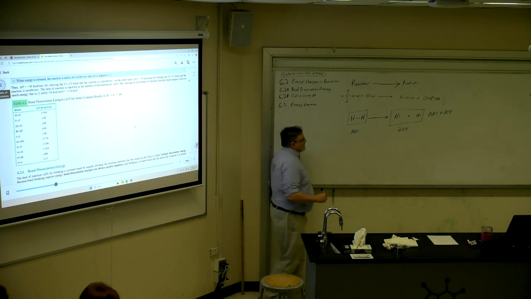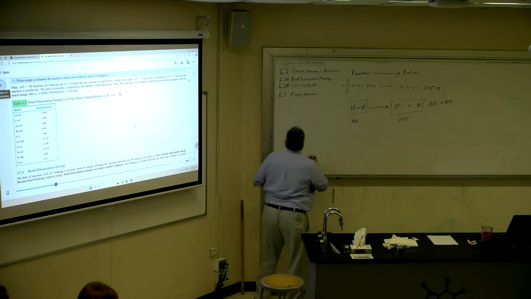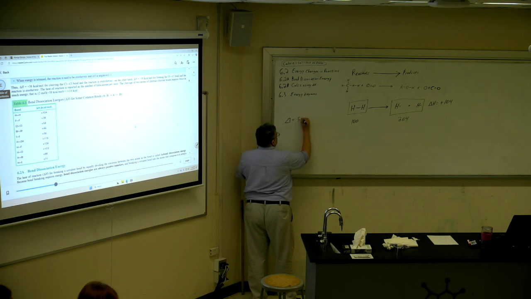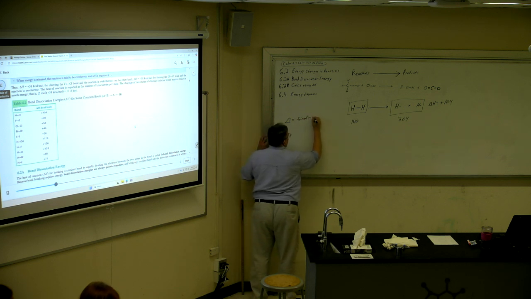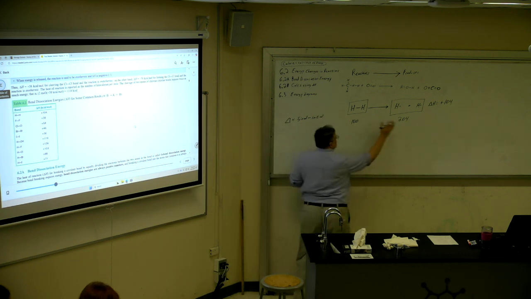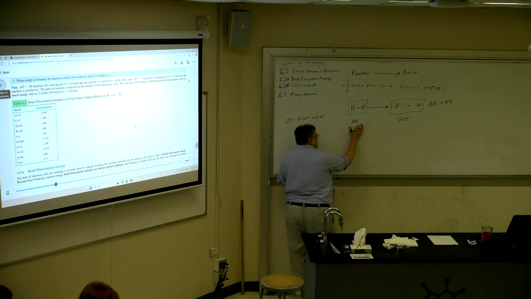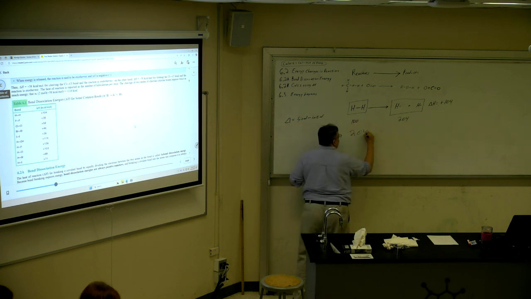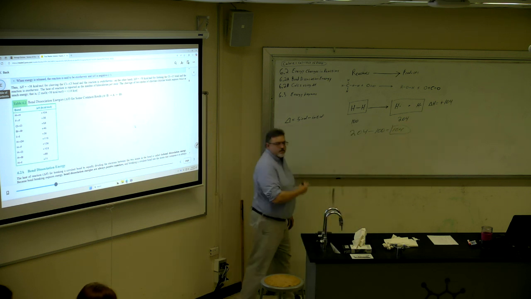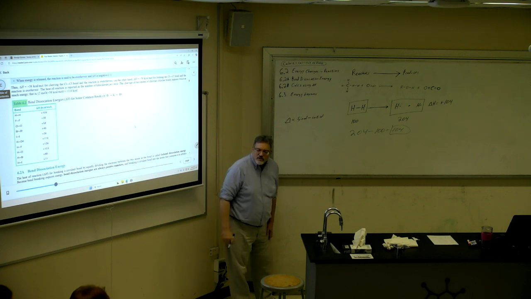Whenever you use a delta, any delta for anything equals final minus initial. So this is the final state, and this is the initial state. So 204, that's the delta for this process that we're looking at. You see what I'm saying?